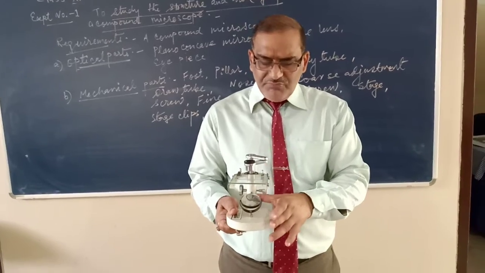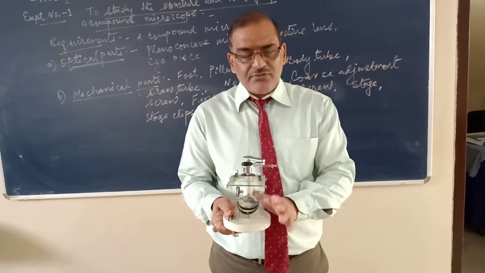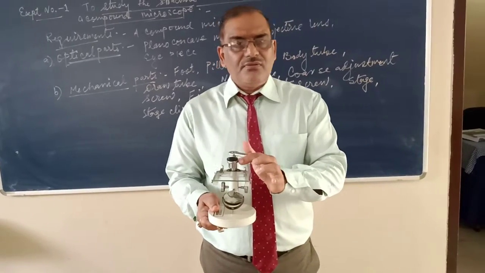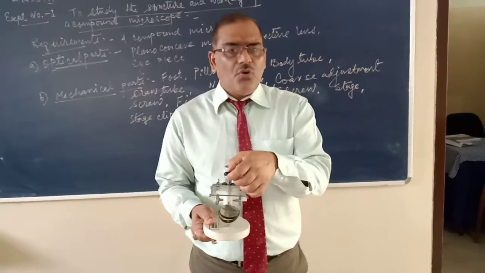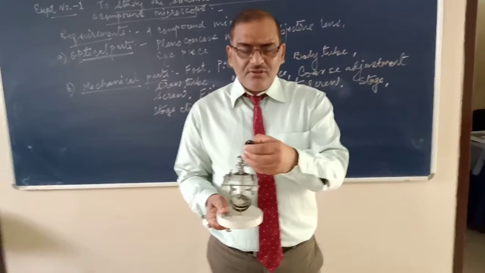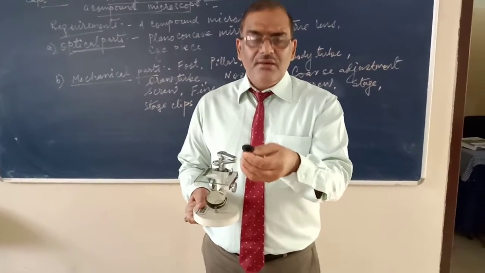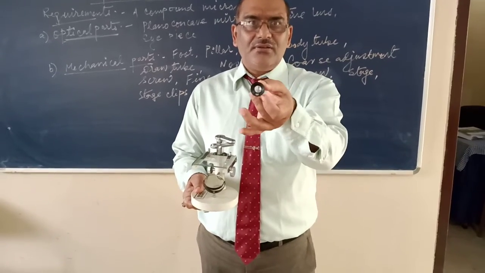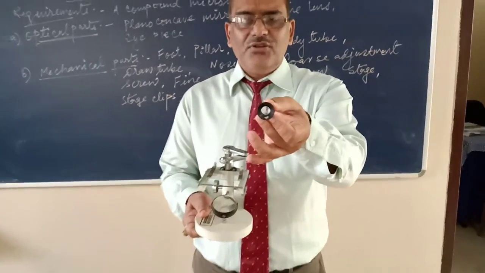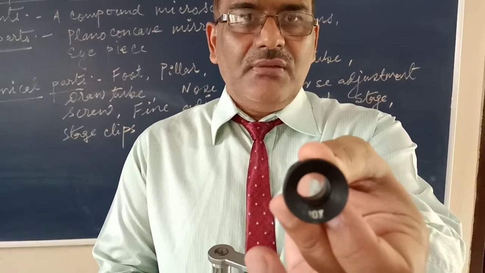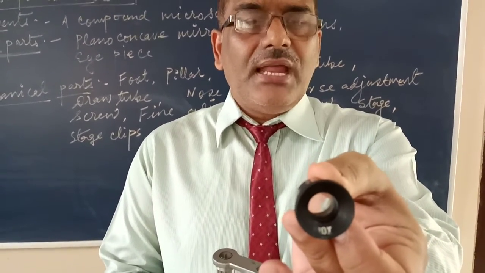So this is the very simple working mechanism of the simple microscope, but it has limitations. It uses a single lens and the magnification is low, 10x. You can see it is written 10x, which means it can magnify the object 10 times.